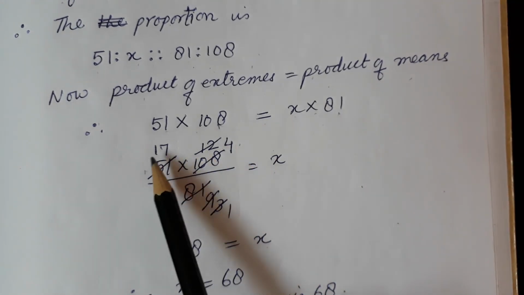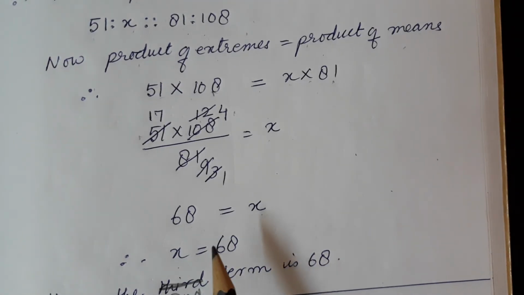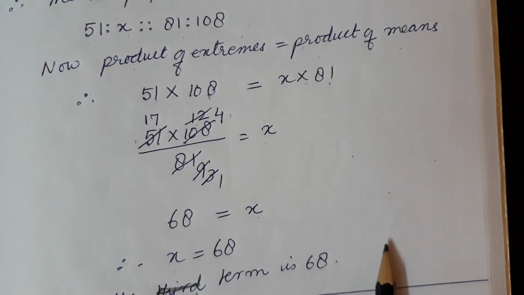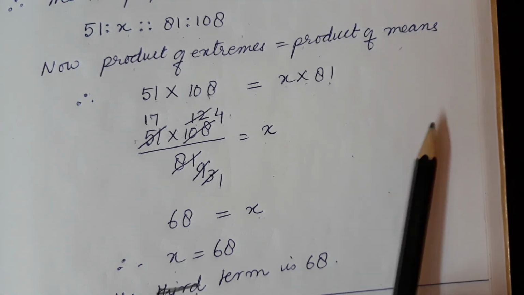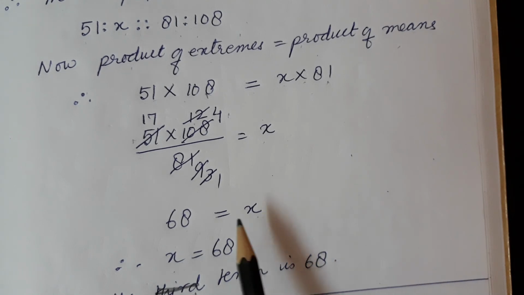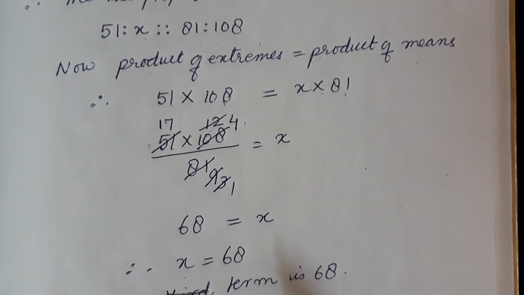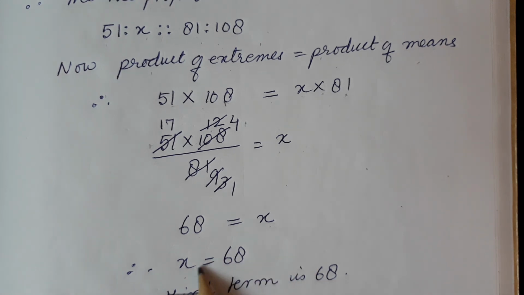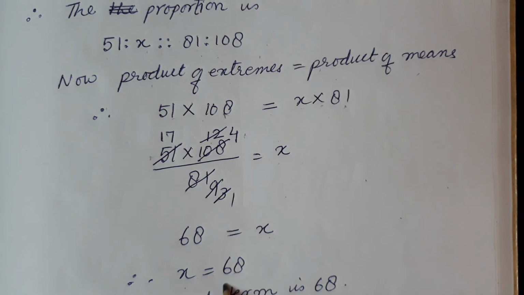If you make a mistake, the wrong value may come out. So be careful when you are doing it. Make a rough column and do the calculations if you are not able to calculate mentally. Then you find out the value. So therefore x equals 68. Hence the second term is 68.